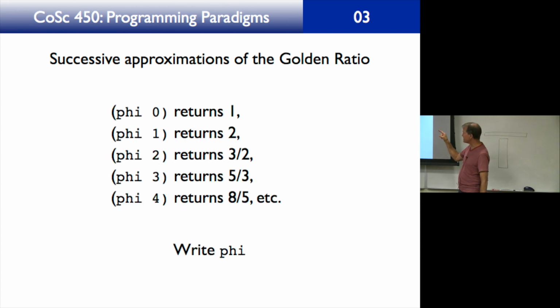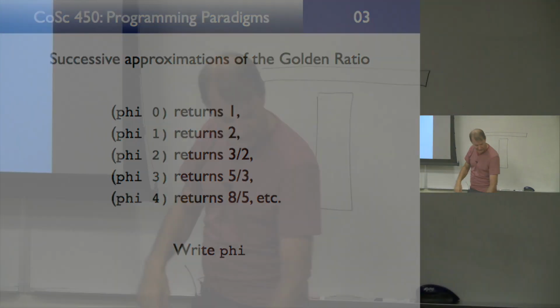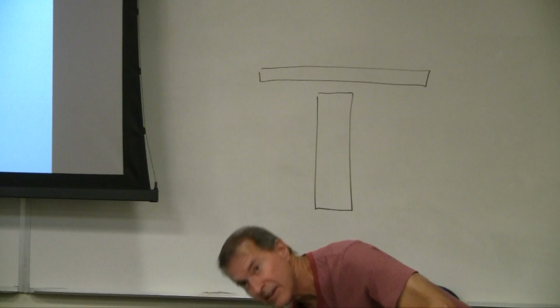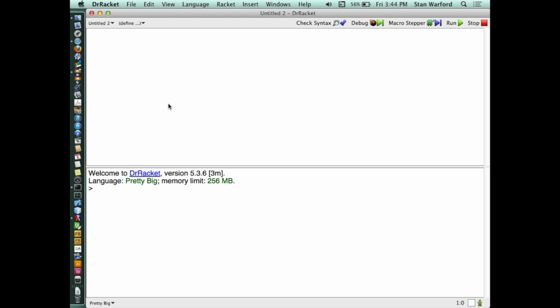So what we want is phi 0 to return 1, phi 1 to return 2, phi 2 returns 3/2, and so on, right? So let's write phi. This is a real quick one before we go on to the next chapter. So define phi, and what always comes here?